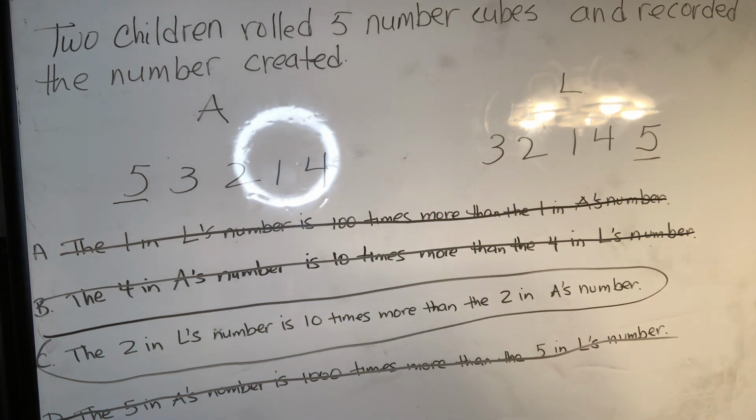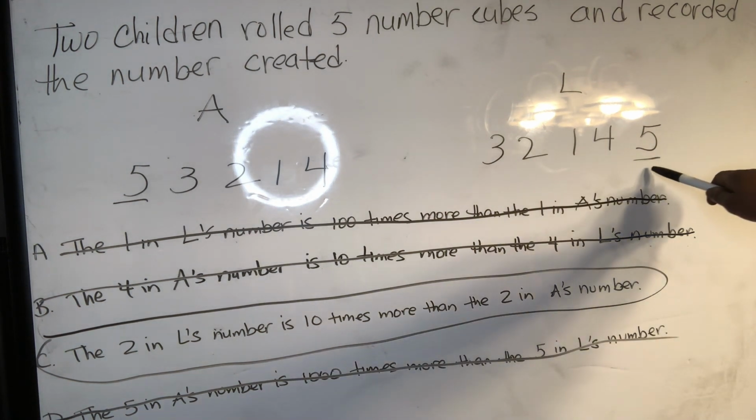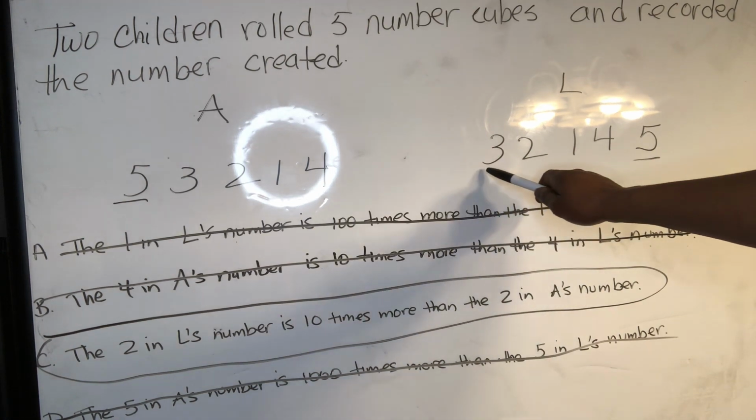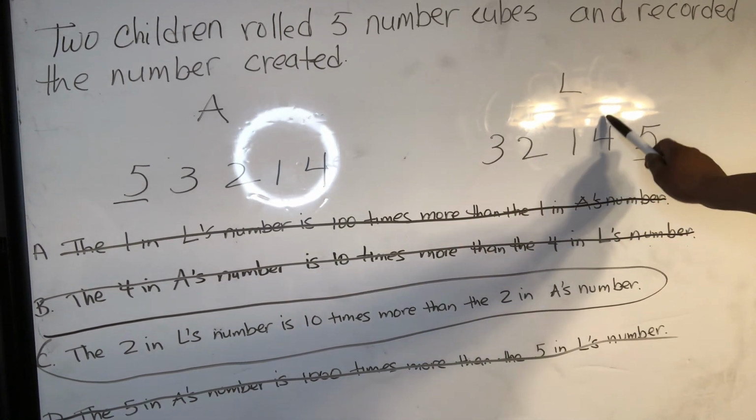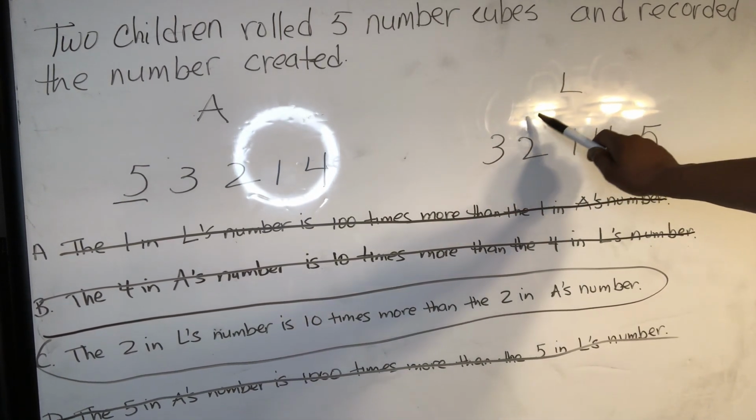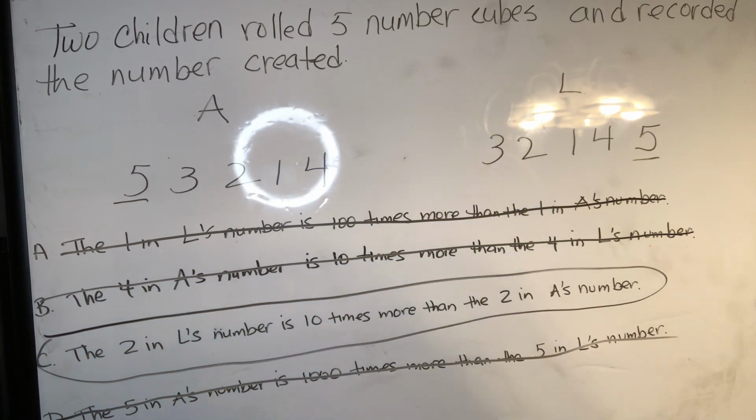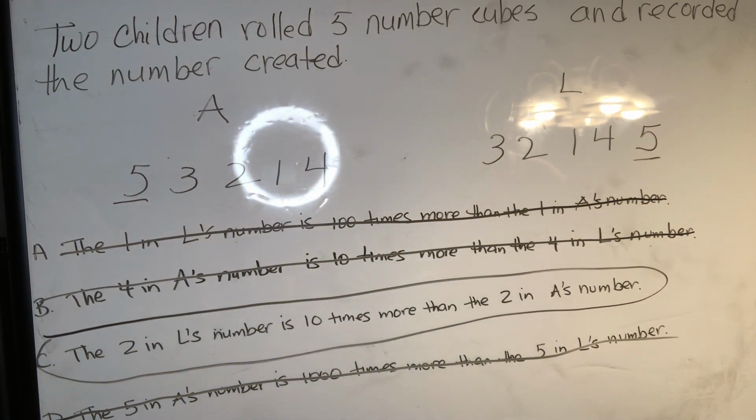So for our last problem, the 5 was in the ones, and to get to the 10,000s would be 10, 100, 1,000, and 10,000. That's how you decide how far 10 times, 100 times, 1,000 times, and so on.